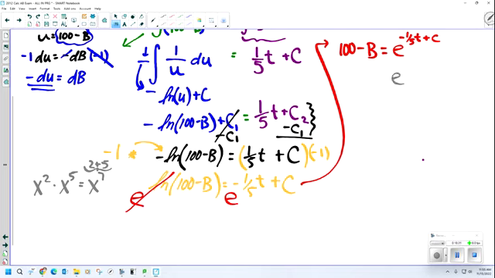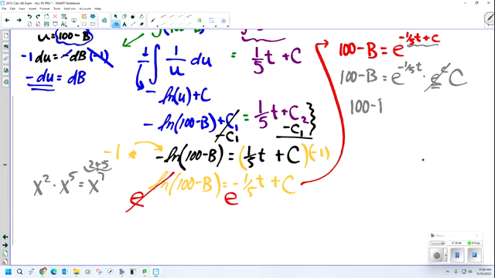That had to be e to the -1/5 t times e to the c. That's how I added them. Know your rules of exponents. By the way, e is a constant, 2.718, etc. A constant raised to a constant is just a constant.